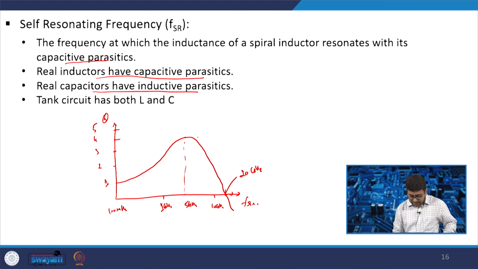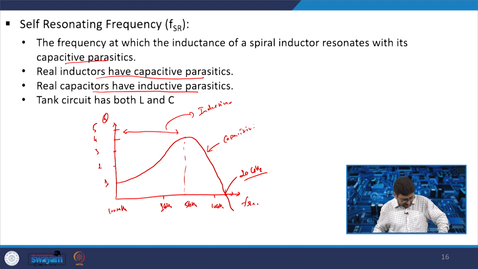Mostly, below this frequency it is more inductive. After that, when the quality factor is reducing, it is more capacitive, and the frequency at which your quality factor becomes 0 is called the self resonant frequency FSR, and in this case it is 20 gigahertz.